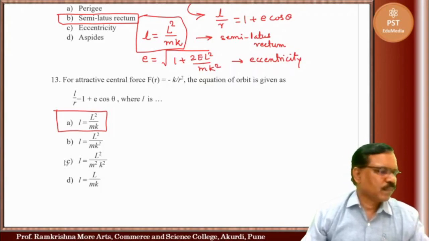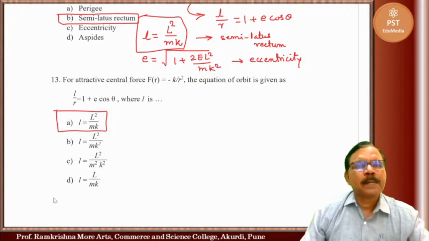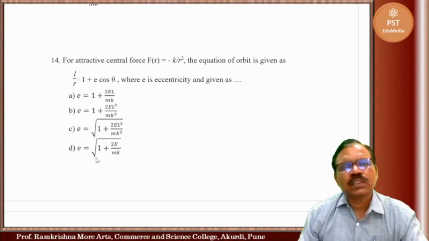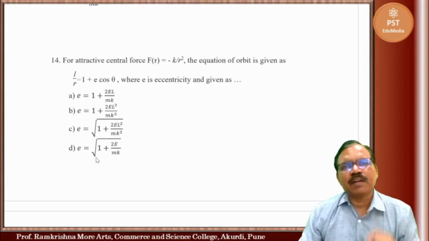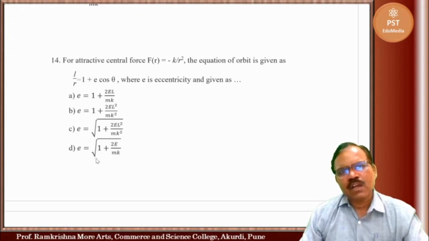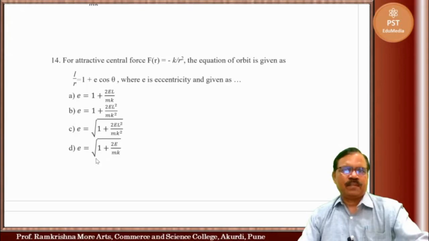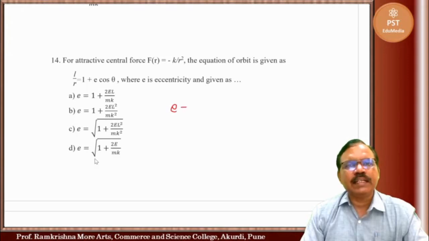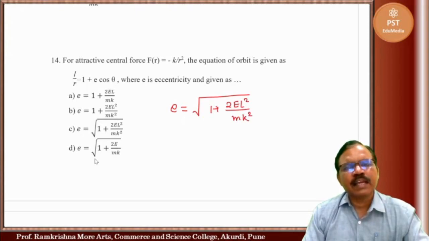Now next one. For attractive central force F of r is equal to minus k upon r square, the equation of orbit is given as l by r is equal to 1 plus e cos theta, where e is the eccentricity, and as we have just seen, e is equal to root of 1 plus 2EL square upon mk square, where k is the force constant.